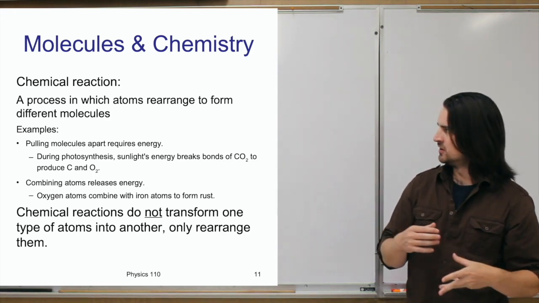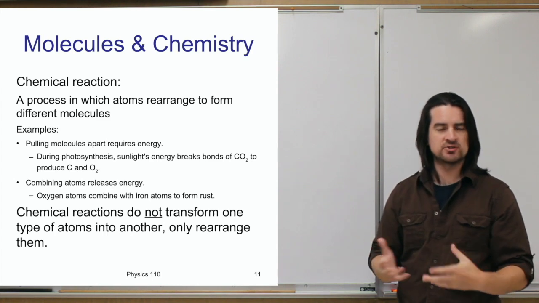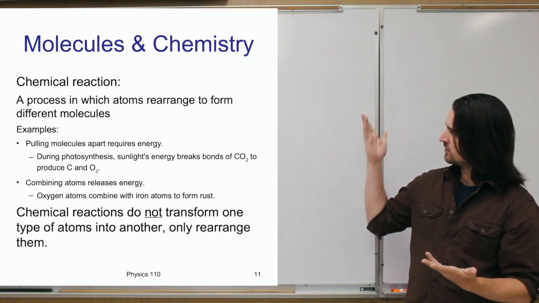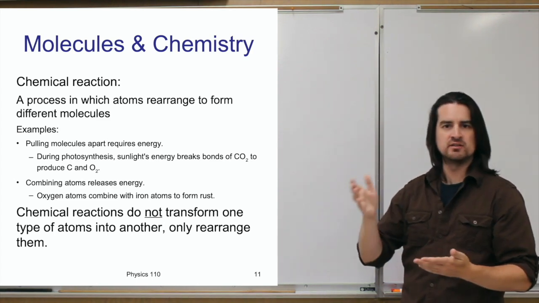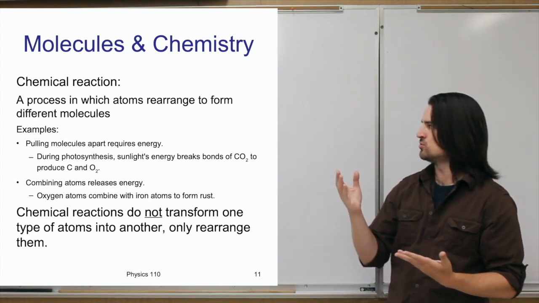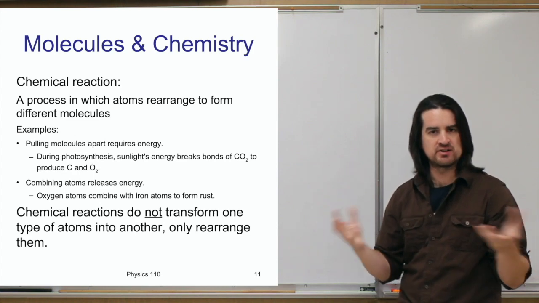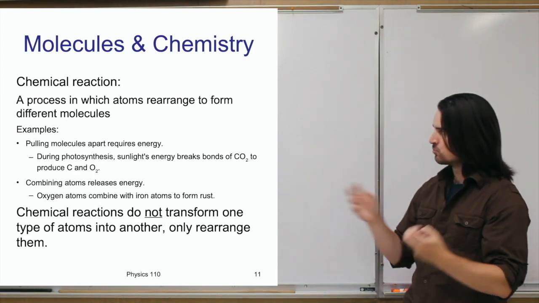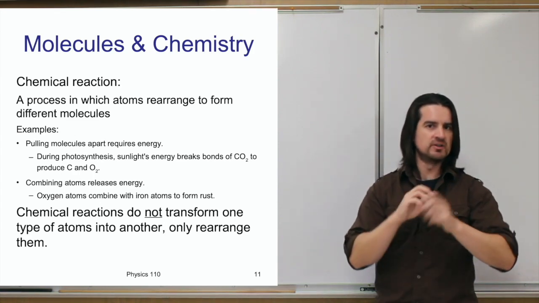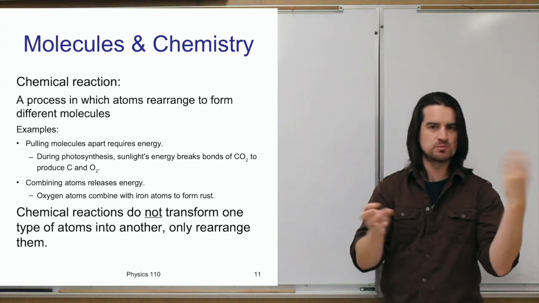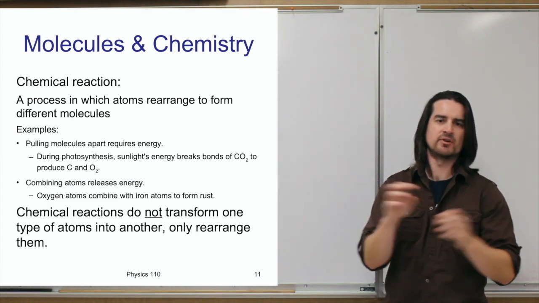Another way of putting that is, in a chemical reaction or a chemical process, all that's happening is you're rearranging the atoms to form different molecules, or sometimes, like I said, breaking molecules down into individual atoms. So really, it's a rearranging of atoms. We're taking those building blocks and rearranging them in some way.